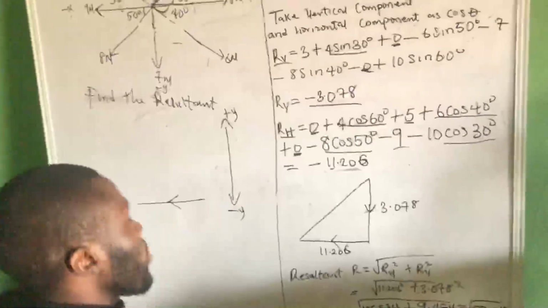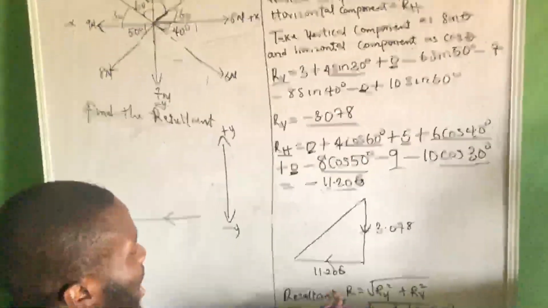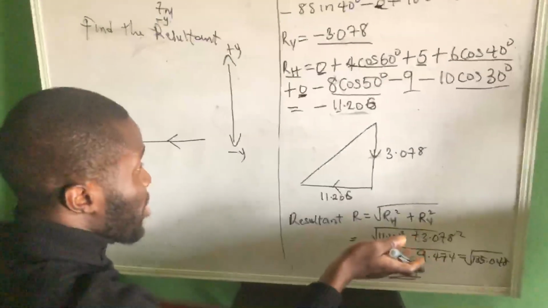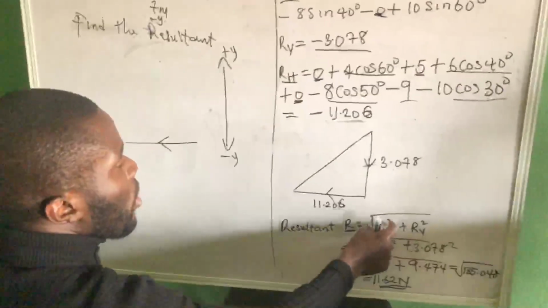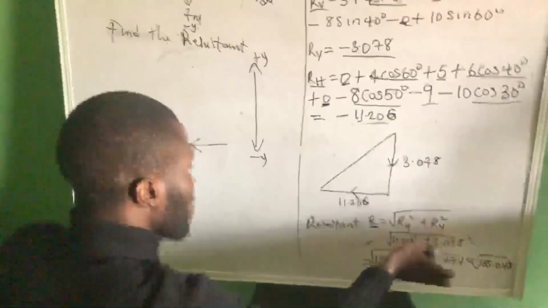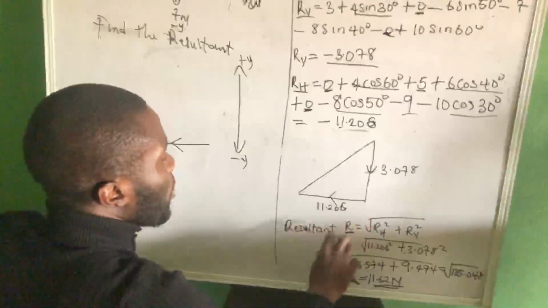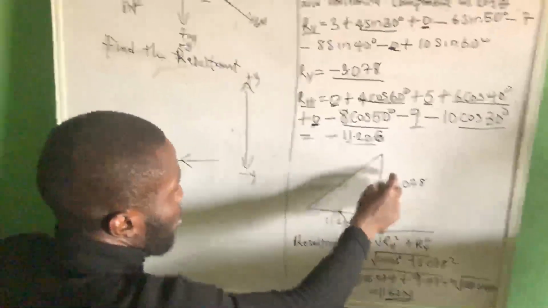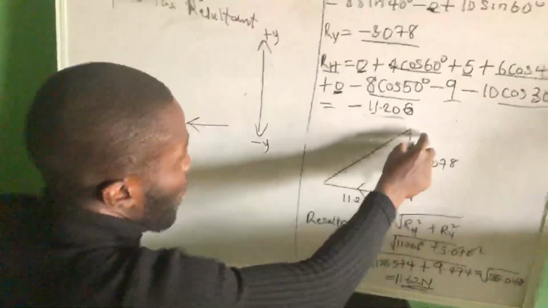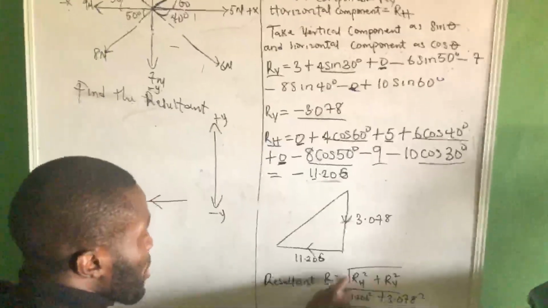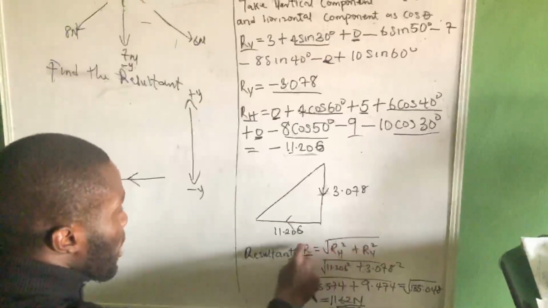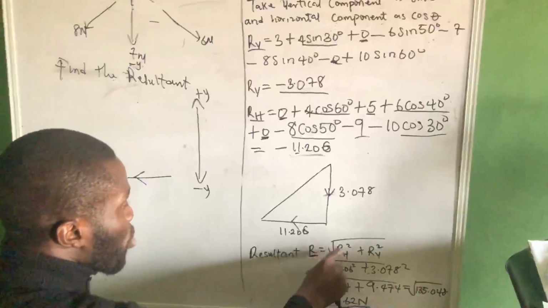And now what is the resultant? For this kind of question, the resultant R now will be, you use Pythagoras theorem. Hypotenuse square, which is our resultant, will be opposite square plus adjacent square. Now one of the sides is RH, the other is RV. Now our R square is RH square plus RV square.